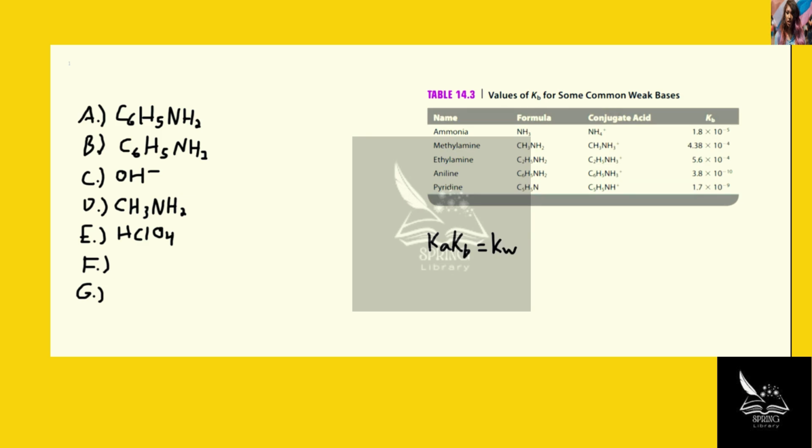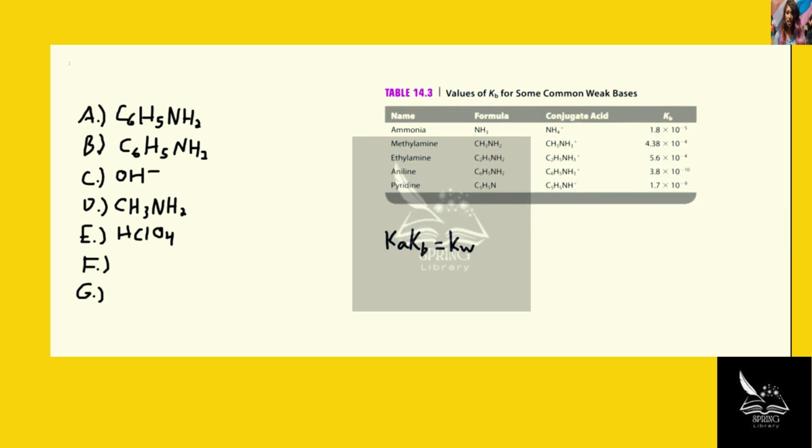So the Ka is going to be 10 to the negative 14 divided by 3.8 times 10 to the negative 10th. That's going to be 2.63 times 10 to the negative 5. So it's going to be a weak acid.